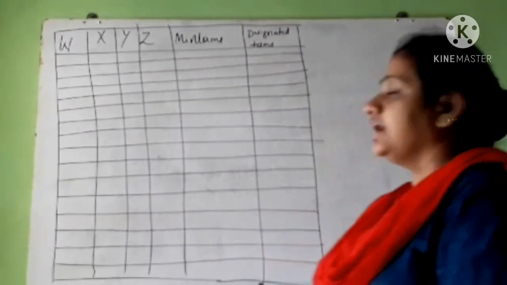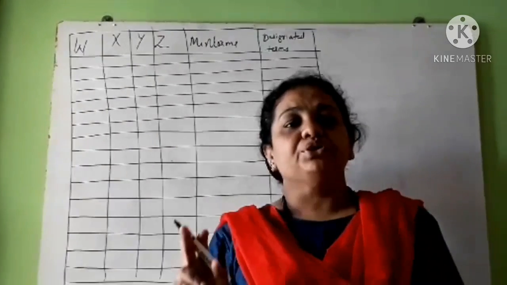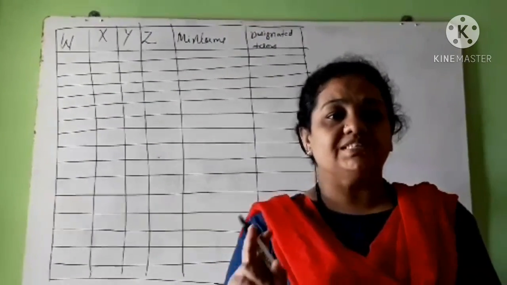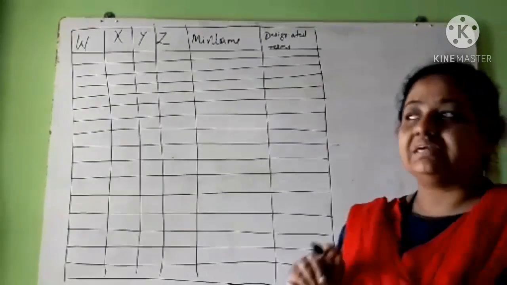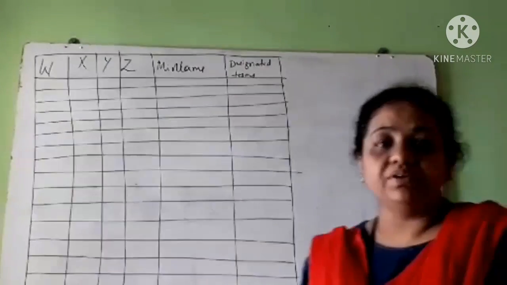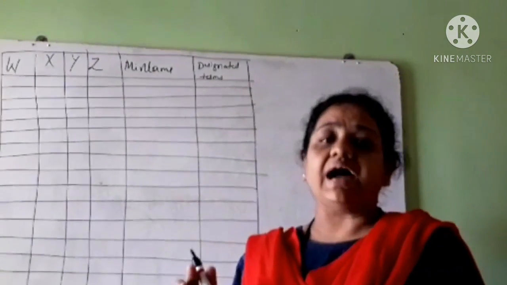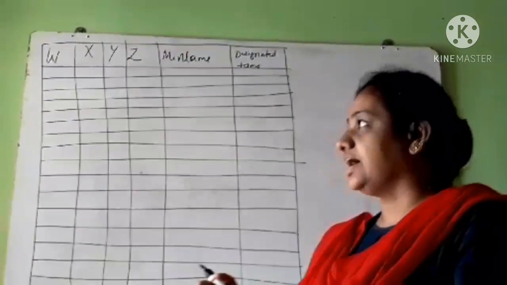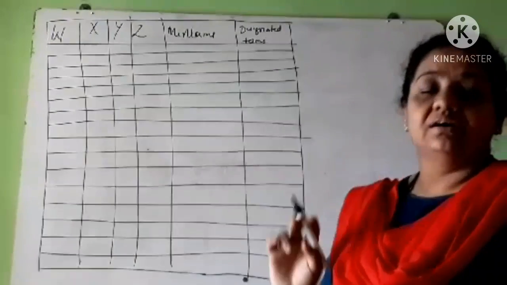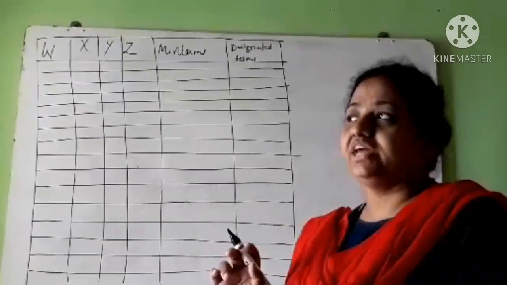If there are 4 variables, 2 to the power of 4 is equal to 16. There will be 16 combinations of values. Let's see how we can construct the truth table with 4 variables, minterms and designated terms. First, let's write the input values for the 4 variables.